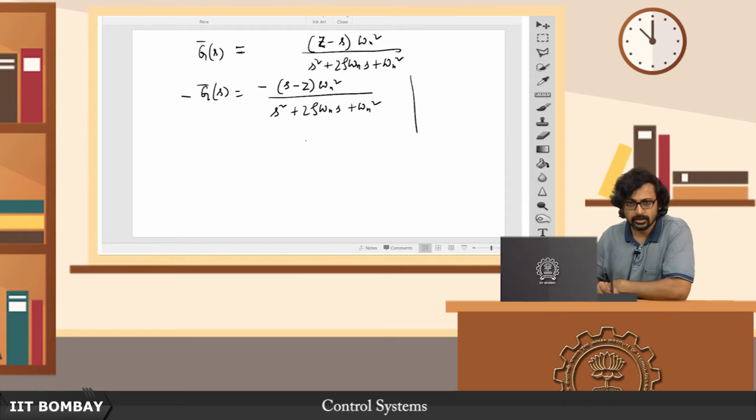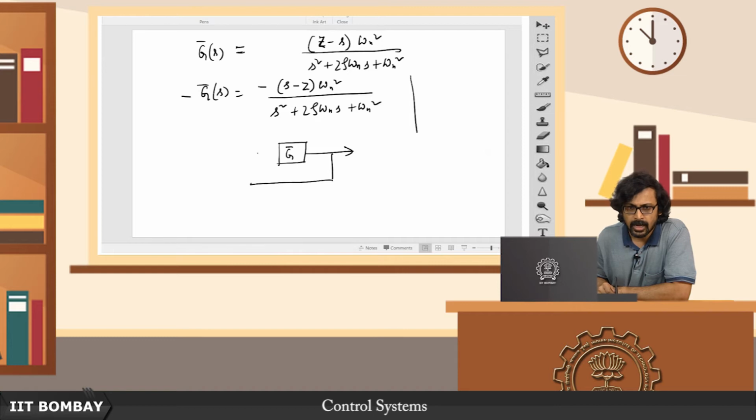In other words, what this means is, if I am putting this G bar here, and there is this gain K here whose variation is resulting in the root locus, suppose this is what the situation is: this is Y of s, this is R of s.